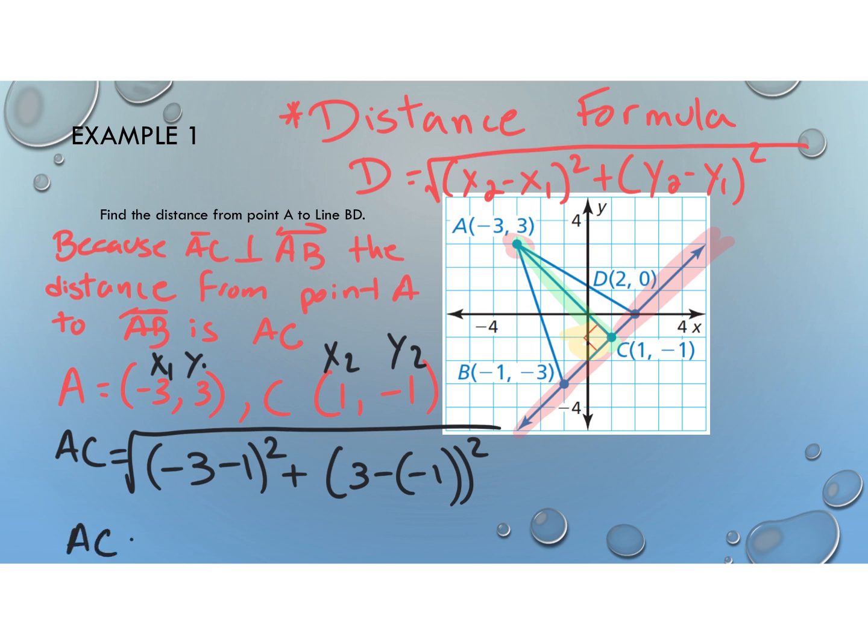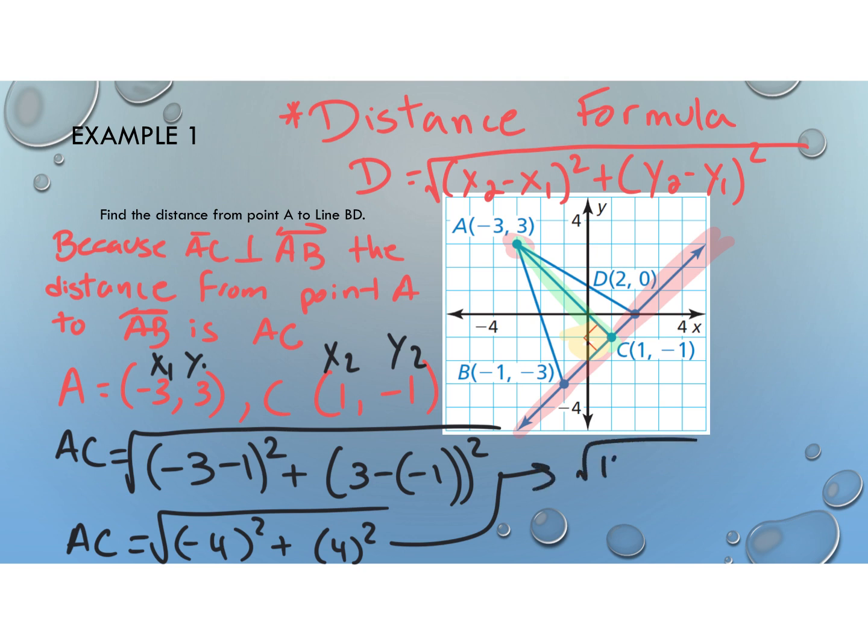This is going to give us AC is equal to -4 squared plus 4 squared, which is the square root of 16 plus 16, which is going to give us the square root of 32, which simplifies to 4 root 2. Just a reminder, you can use the factor tree to simplify the radicals.